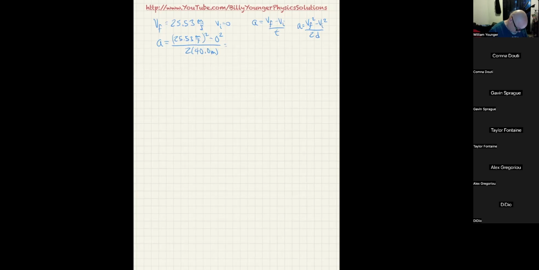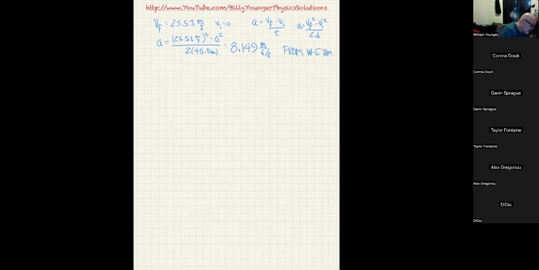I squared that, now I'm going to divide it by 80. And that gives me 8.149 meters per second every second. That's the acceleration from the work energy theorem.